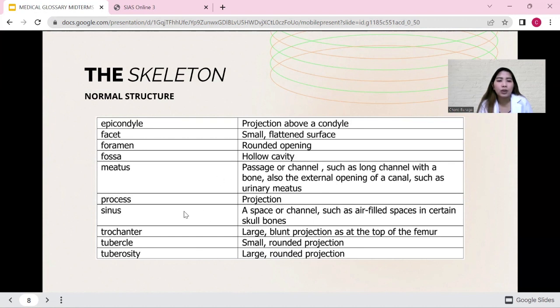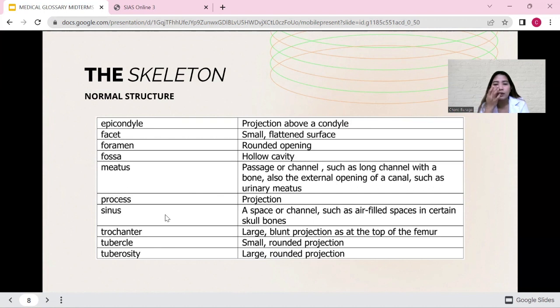Process, projection, the sinus, of course, dito ang sinus. Andyan yung mga sinus. Sinus, air-filled spaces in certain skull bones. Uka siya dito, na may air. Pero pag nalagyan siya ng mga parang sipon-sipon, masakit kasi nga mamamaga siya.